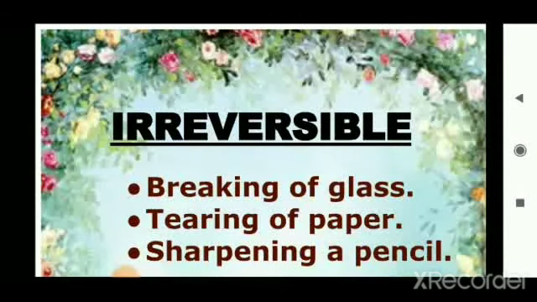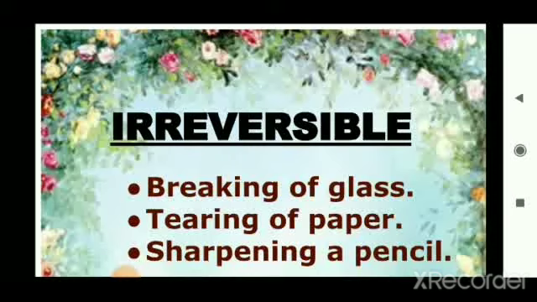Now, these all are examples of irreversible processes, like breaking of glass, tearing of paper, sharpening a pencil. When we do all these activities, we can't get back our original product. Are they examples of physical change or not?